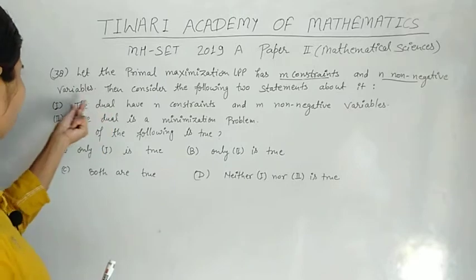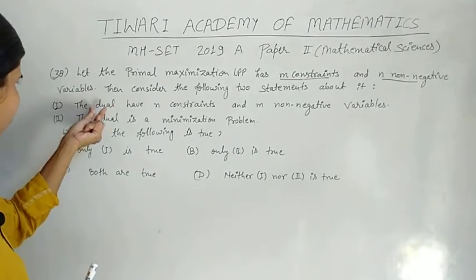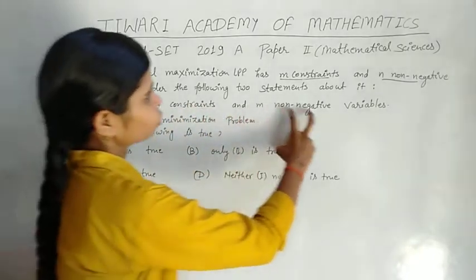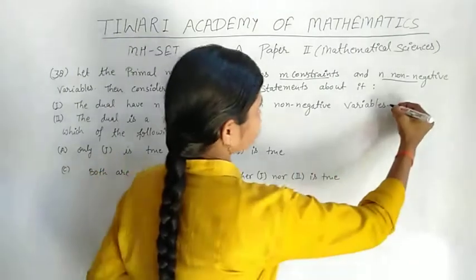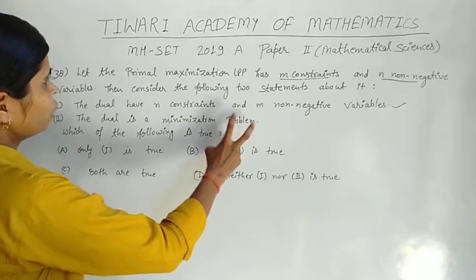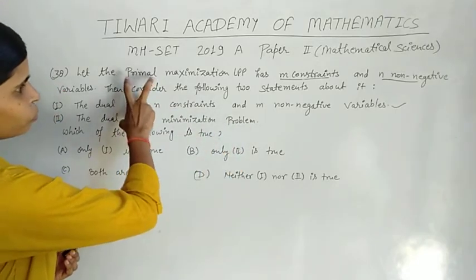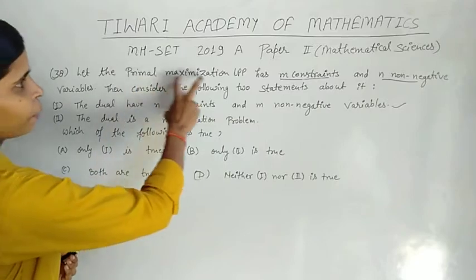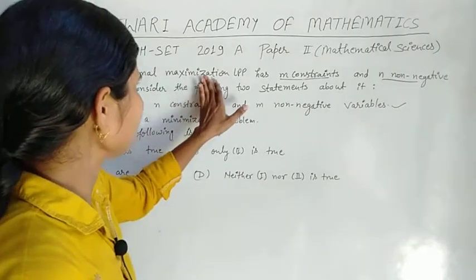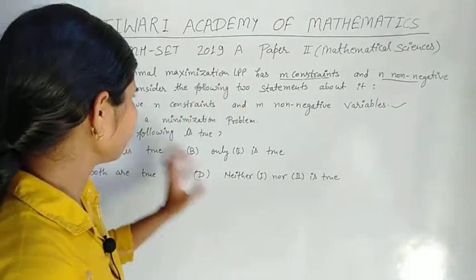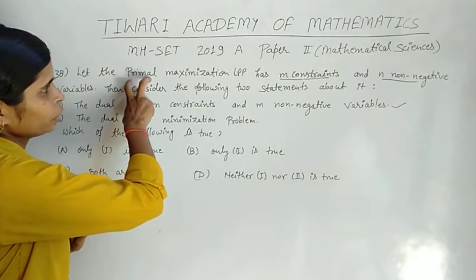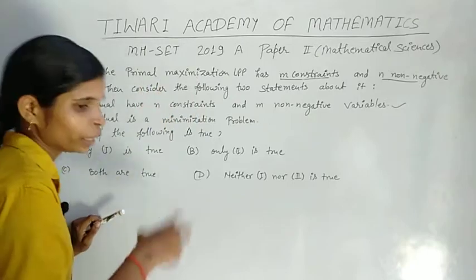So statement first, as it is told, the dual has n constraints and m non-negative variables. Statement first is a true statement. Statement second: the dual is a minimization problem. It is also true, because the primal is maximization, so its opposite is the dual. That means if the primal has a maximization problem, then the dual has a minimization problem, and if the primal is a minimization problem, then its dual is a maximization problem.